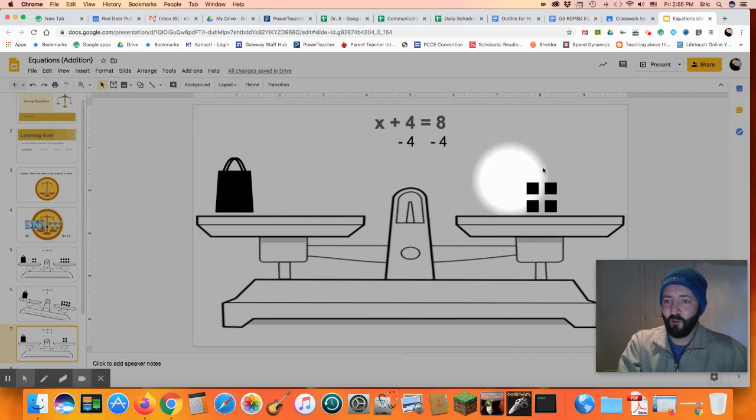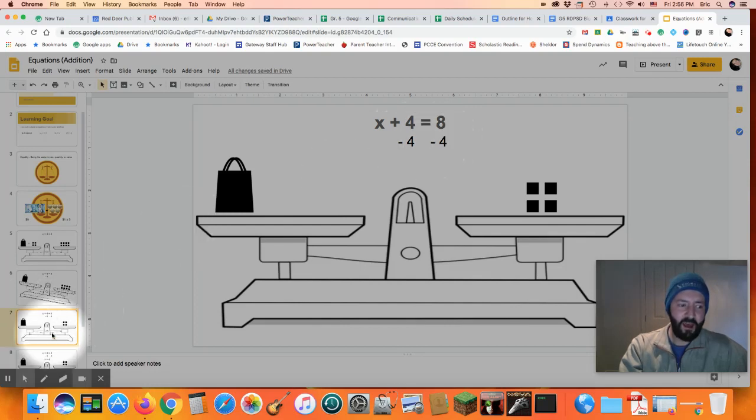I did that visually for you visual learners, and I also showed it using math numbers and symbols up here. So basically, I subtracted those 4 extra squares off the left side, and I subtracted 4 squares off of the right side just to maintain equality, to maintain balance.